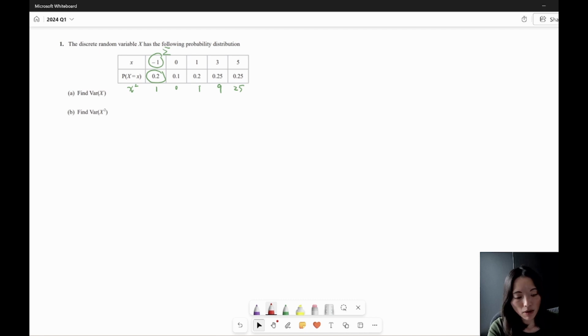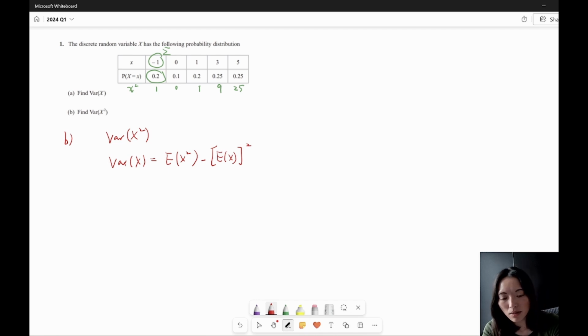Now let's take a look at part B of the question. Part B is asking us to find the variance of x squared. We might not have come across the definition of the variance of x squared before, but we know that the variance of x equals the expectation of x squared minus the expectation of x, all squared. So imagine x has now become x squared.